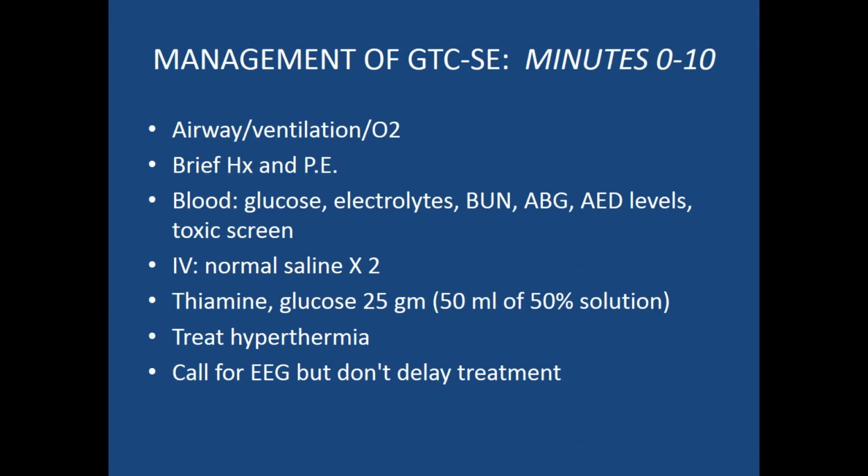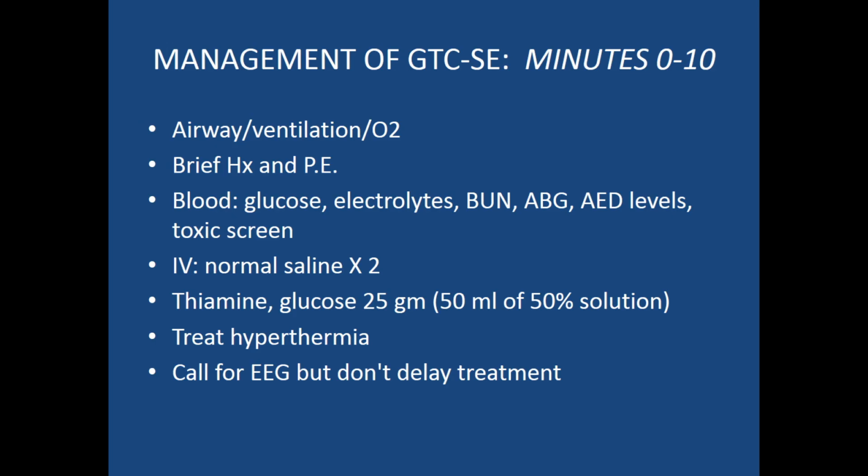In the first 10 minutes, we want to make sure they're protecting their airway. We turn the patient on their side. We don't try to put anything in their mouths, like you see on television. That doesn't really work. We try to obtain some history if possible.